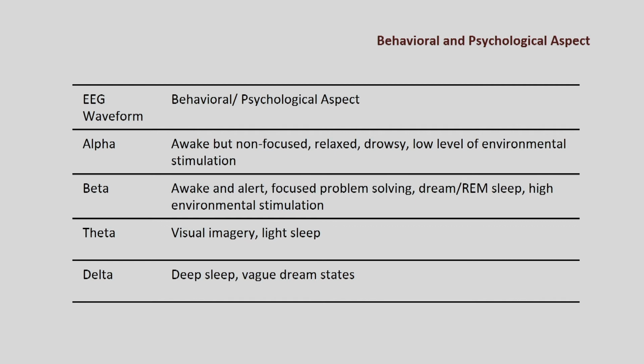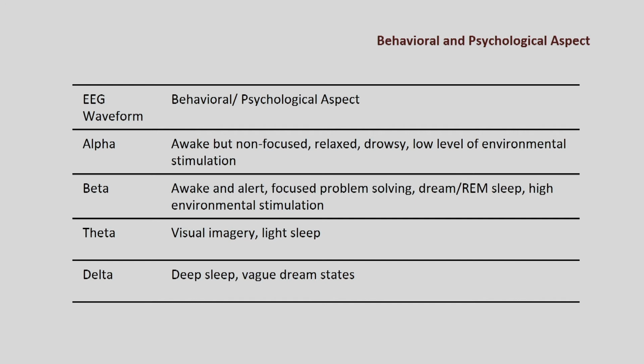You are doing focused problem solving, or you are dreaming in REM sleep, or there is high environmental stimulation. In those cases you will get beta waves. In theta, if you have some visual imagery or light sleep, you will get theta waves from your EEG recording, and delta appears in deep sleep and a vague dream state.